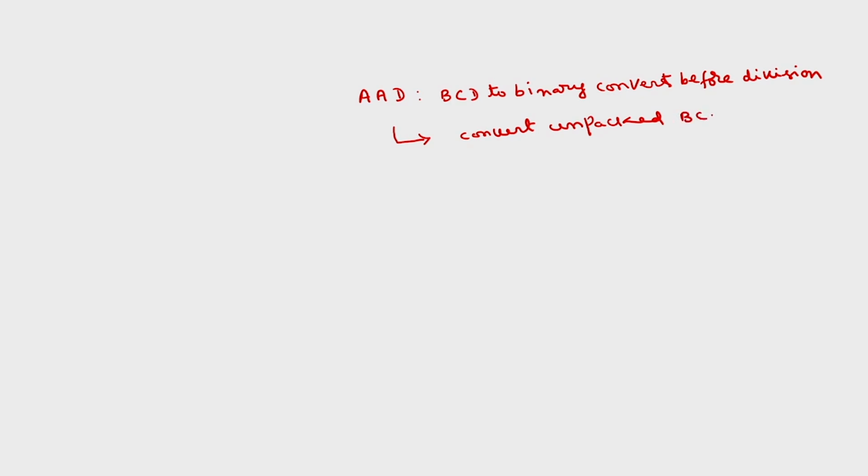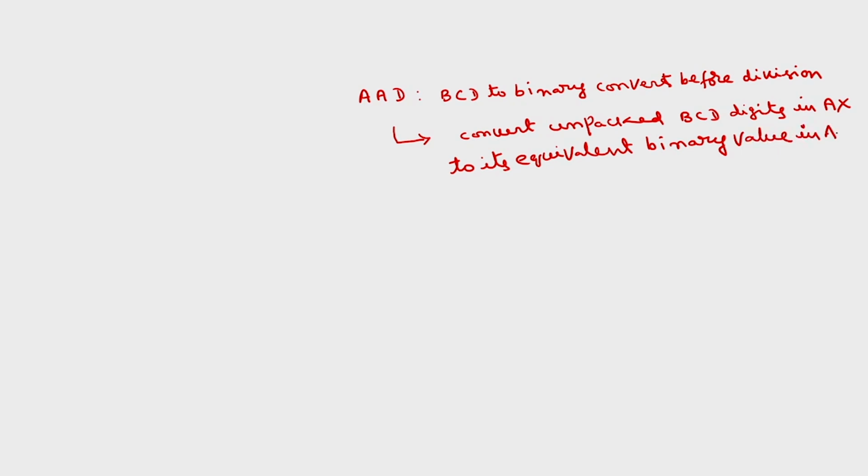Unpacked BCD digits in AX, this implied register is AX, to its equivalent binary value in AL, this is also implied. So, this instruction basically converts unpacked BCD digits in AX into its equivalent binary value in AL.